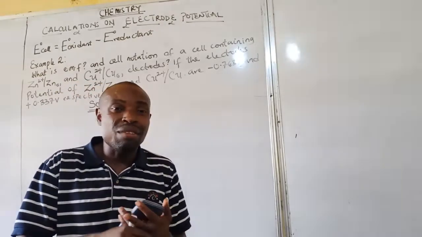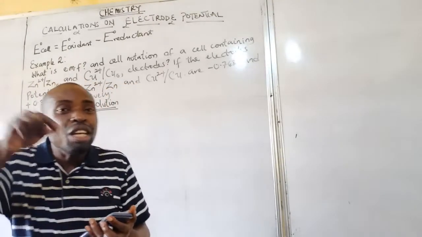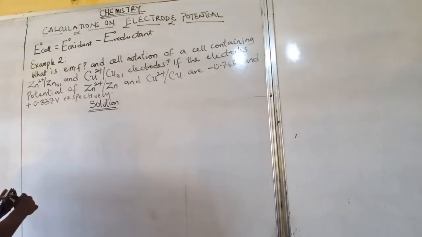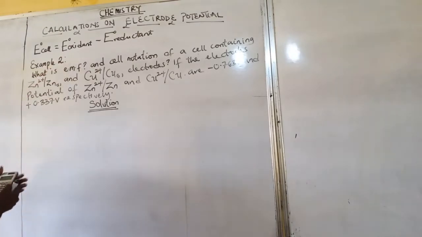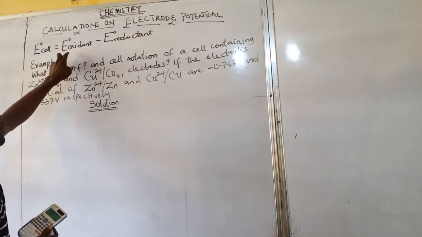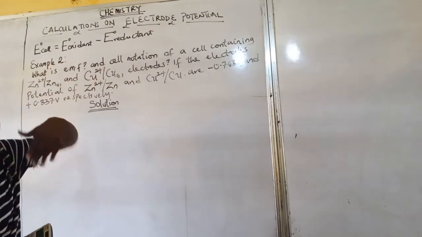So if the cell notation is given to us in the question, it will be not feasible. But if not, it will be feasible. That is when we make use of this formula that you are seeing here, which is very simple. I can also say for this formula that the standard electrode potential is equal to the reduction minus the oxidation.